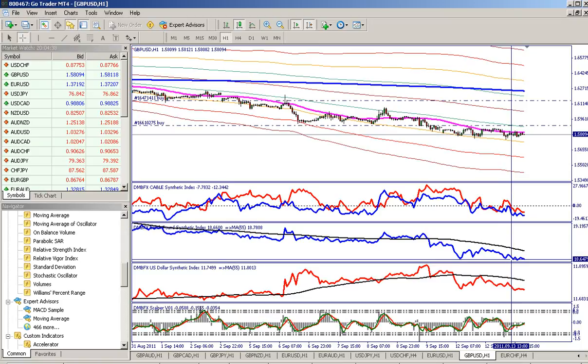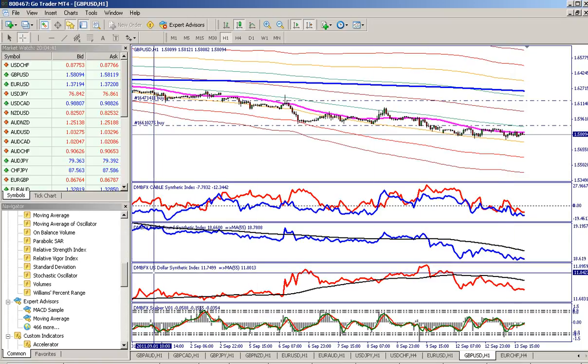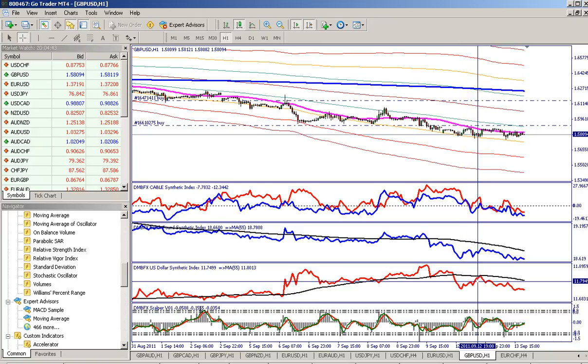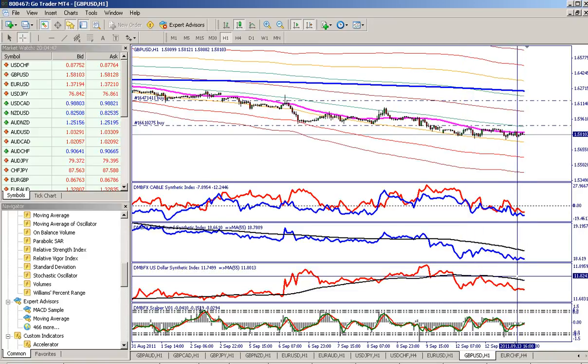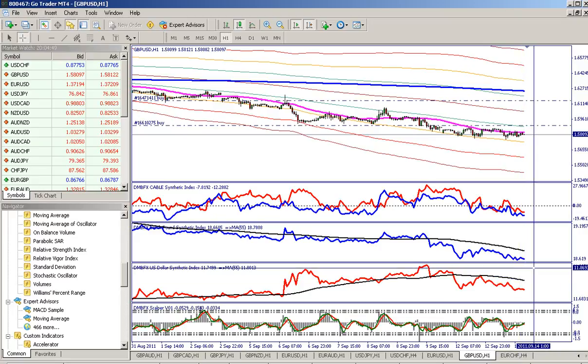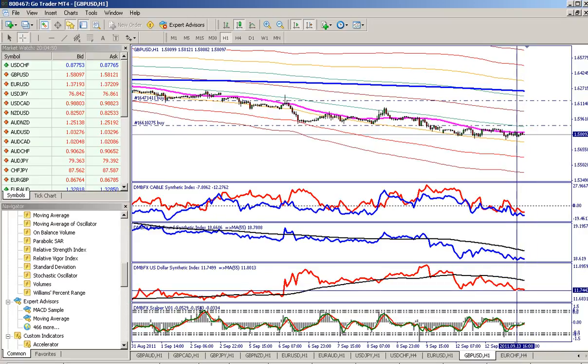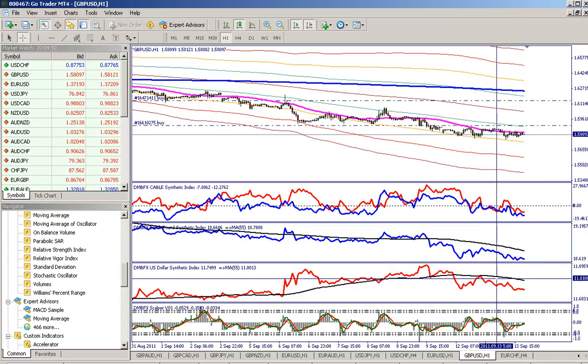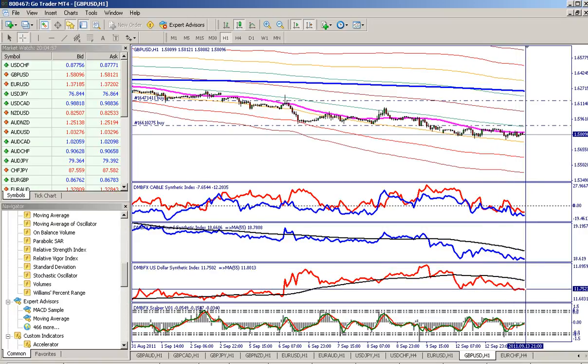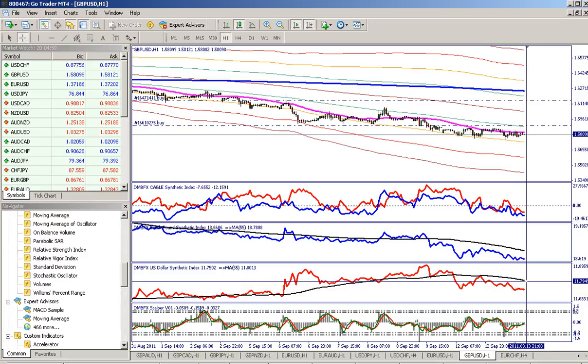And likewise, if you look at the US dollar, you'll see that the dollar is also way below the long-term moving average. And typically, if the price is way below or above the black line, the moving average, it normally gravitates towards it again, okay?